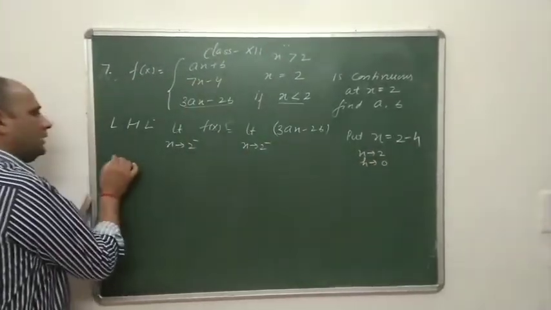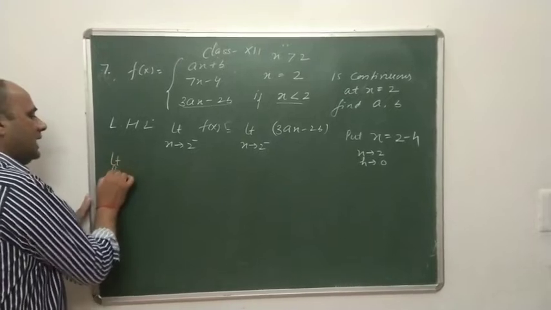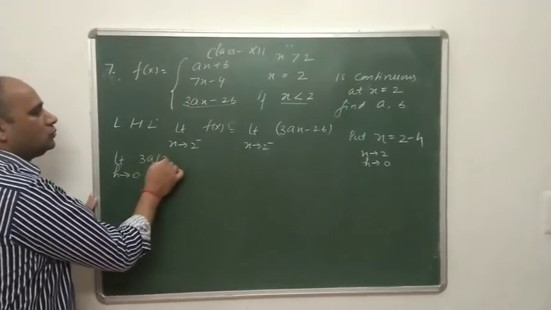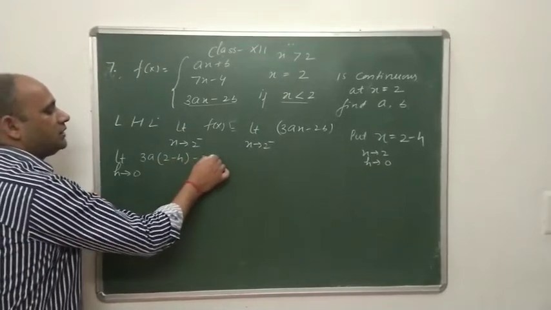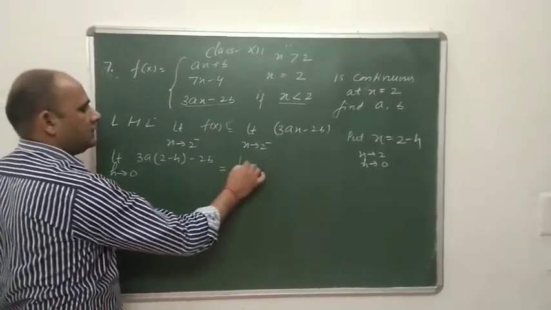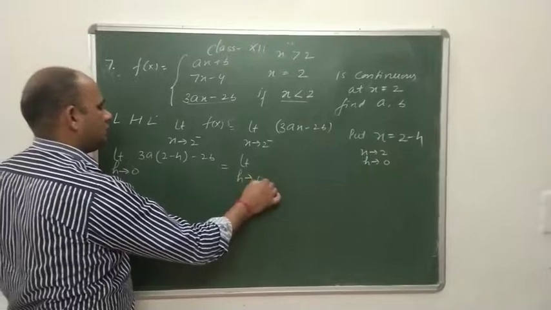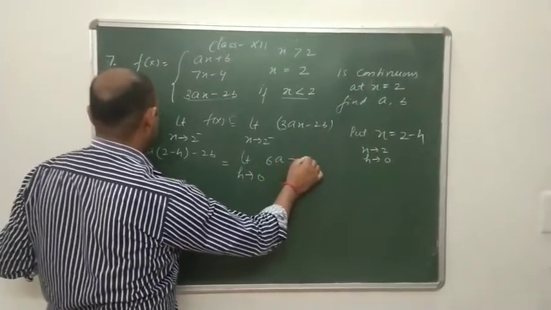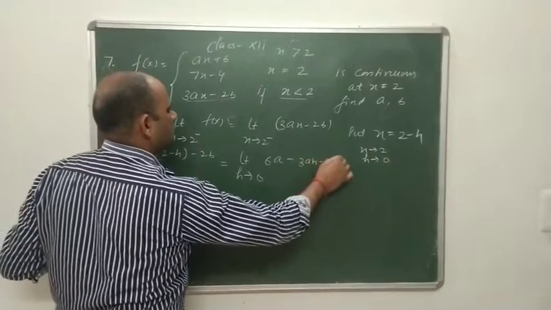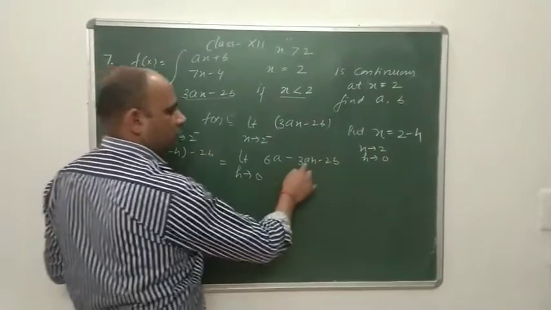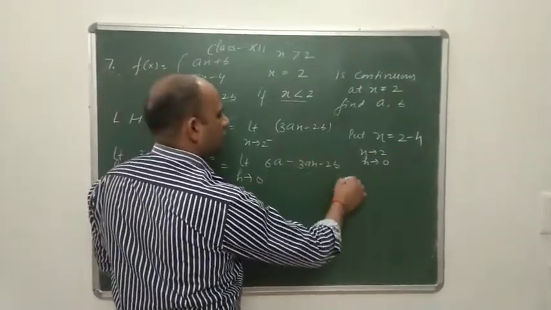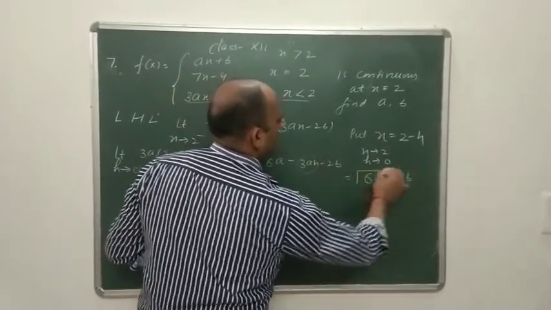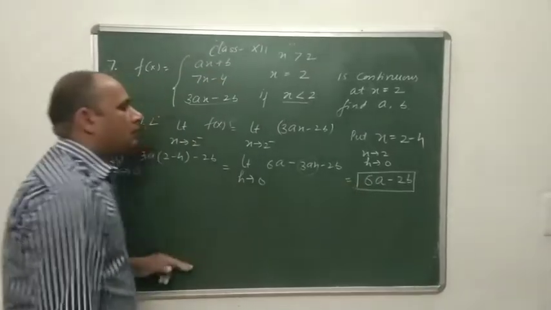So in left hand limit, h tends to 0, 3a into (2 minus h) minus 2b. That is limit h tends to 0, 6a minus 3ah minus 2b. Now h is 0, this part will be 0, then the result is 6a minus 2b. It is the left hand limit.